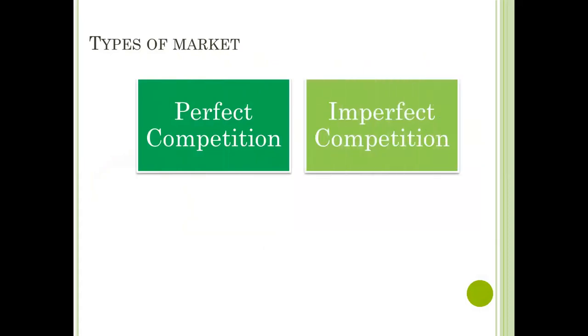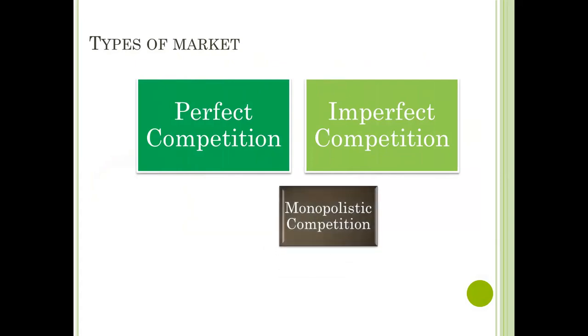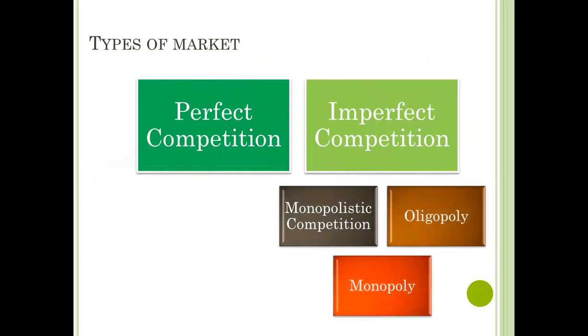So we also have types of market. We have perfect competition and imperfect competition. Under imperfect competition, we have monopolistic competition, oligopoly, and monopoly.